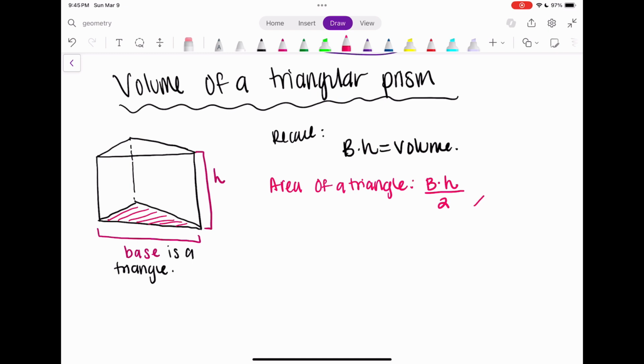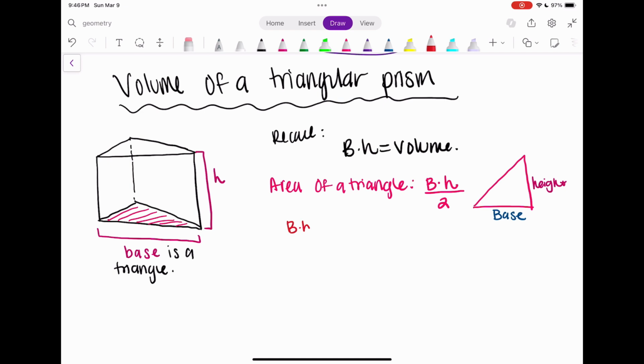And I'm going to draw a little triangle on the side to give you guys a reference of what that means. The base is at the bottom. Okay, so B stands for base. And then H stands for the height. Okay, and then I'm just going to divide it by 2 afterwards so I can get the area of my triangle.